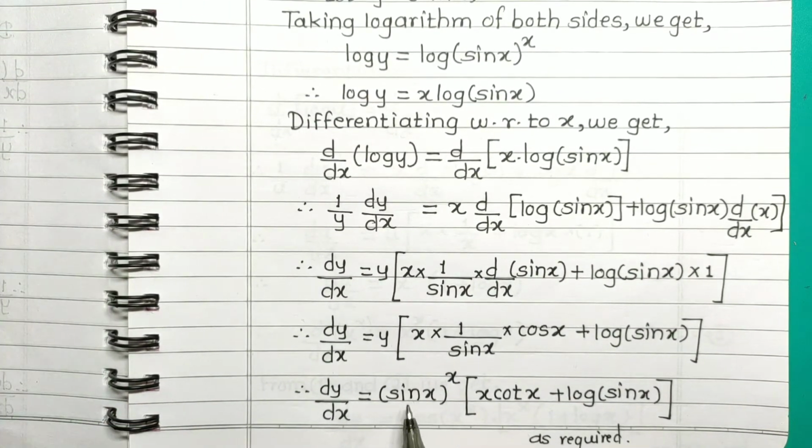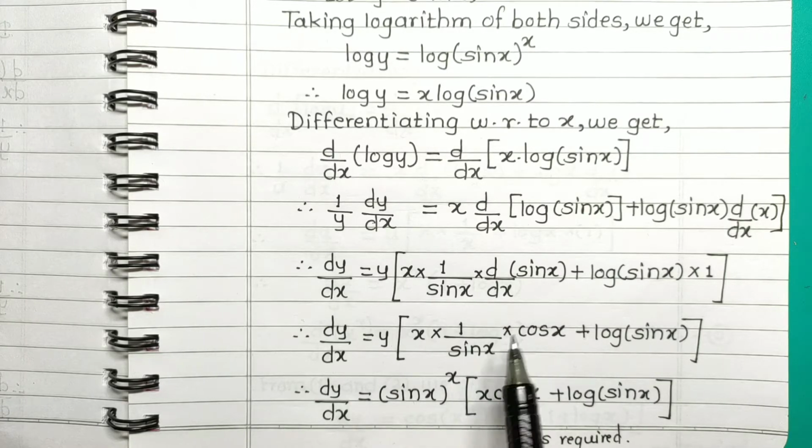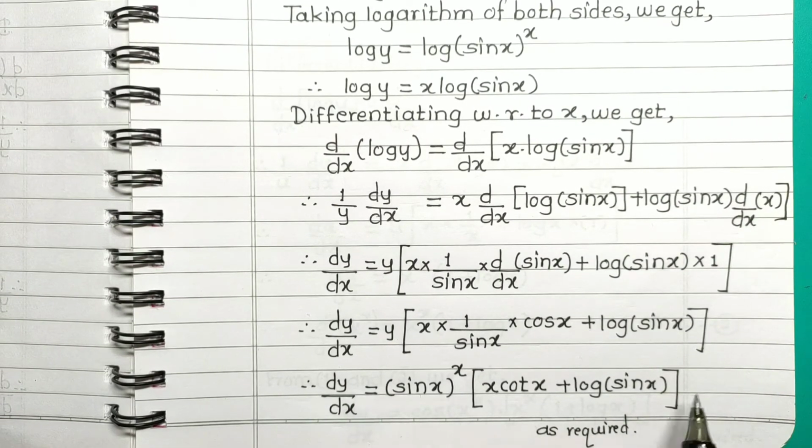We have considered the given function as y, which is sin x raised to x. So sin x raised to x into, see here, x as it is, cos x upon sin x, we write it as cot x, plus log of sin x term here. So this is the required derivative.